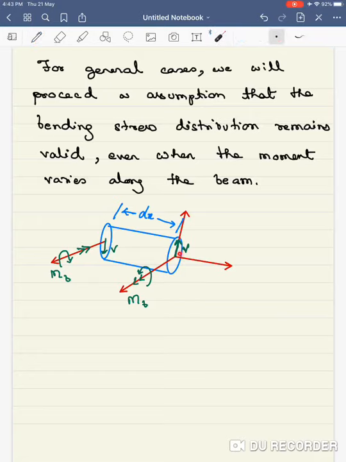And here your moment is also going to be changing across the two faces. So if V is present, your moment is changing across the length, and it will be some value here, and it will be a slightly different value here, right? You will have to apply the Taylor series expansion to find out what is the value here.